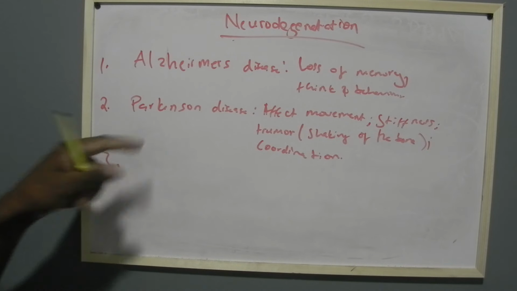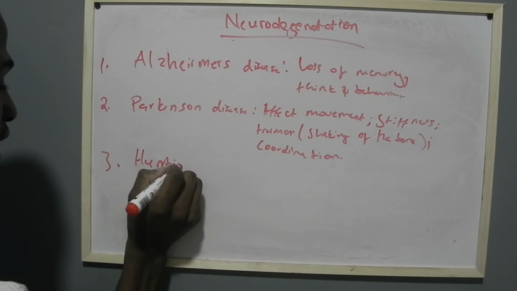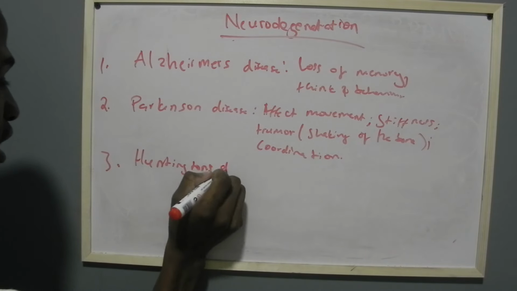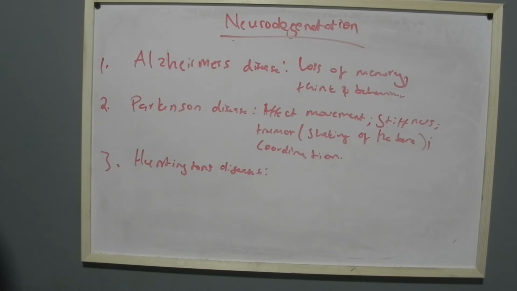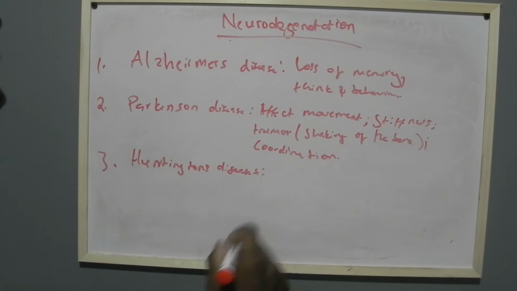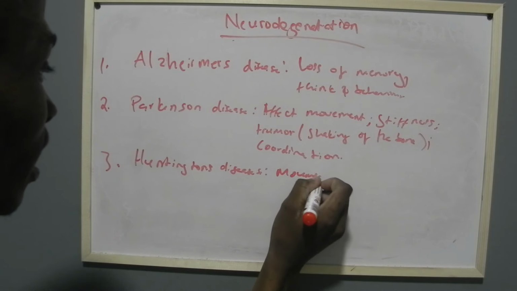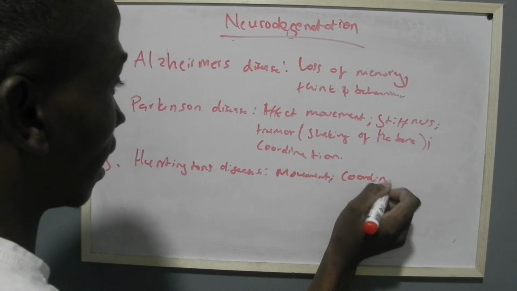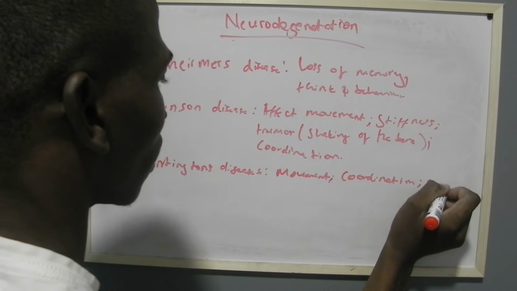Let us go on to disease number 3, which is called Huntington's disease. This is a disease that again affects the movement, the coordination, and the cognition. It affects the movement, the balance of the muscles, and then the cognition.